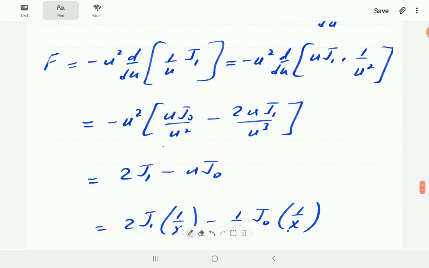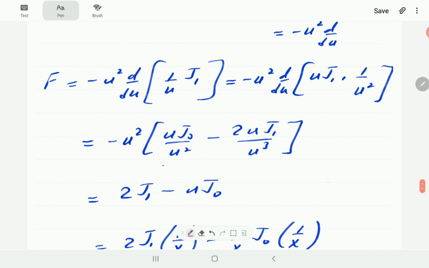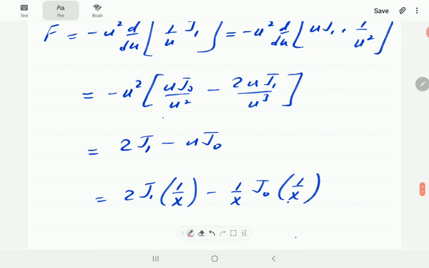We'll leave that as an exercise to you to show that you find exactly the same answer as we do here. We have multiplied both numerator and denominator by u, and then this is now our first term, that's our second term. Differentiate using the product rule, we get this, and then rewrite everything in terms of x.